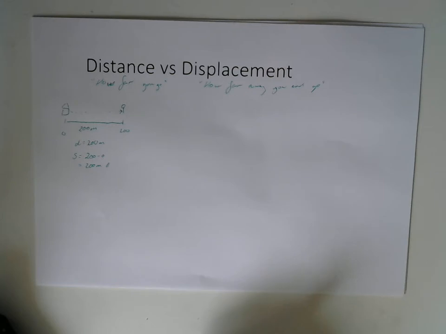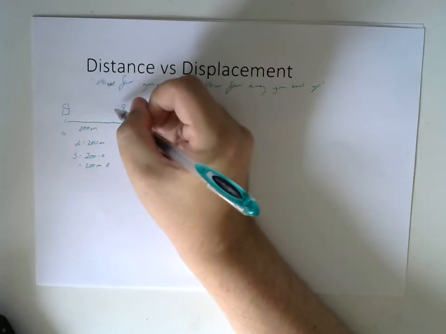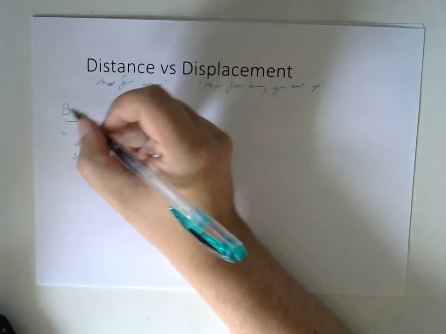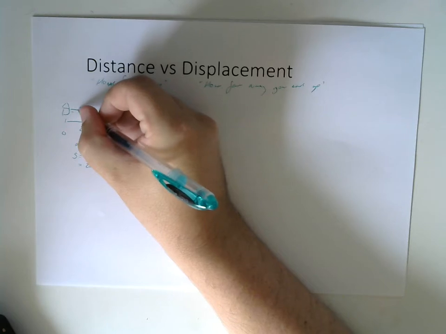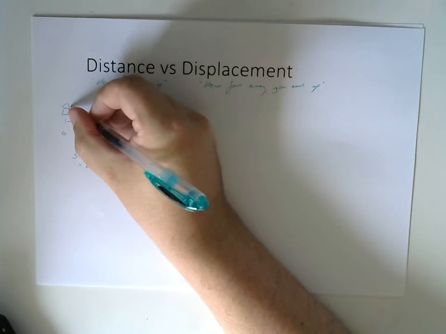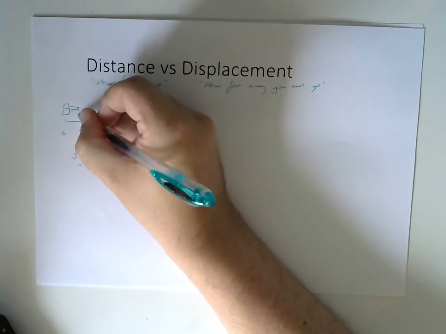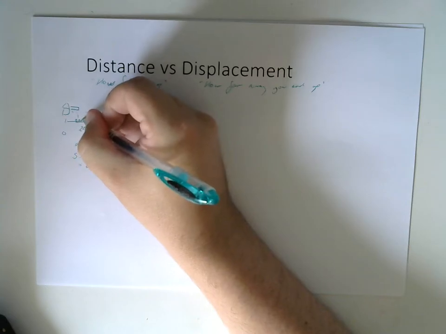But let's take a story where the movement might have multiple steps, because then the distance will be different. So let's say, for example, you're walking from home to the bus stop, but you only make it about 20 meters up the street before having to turn around and go back. So we'll say that is at point 20 meters.